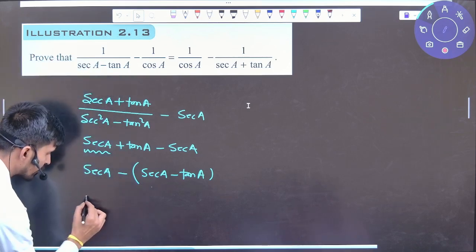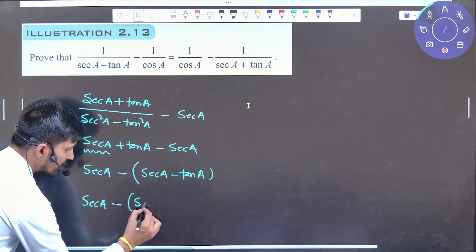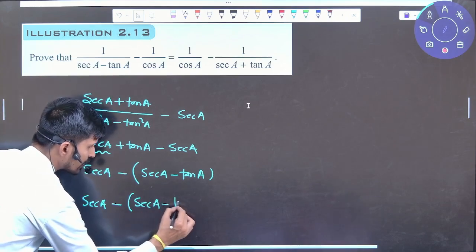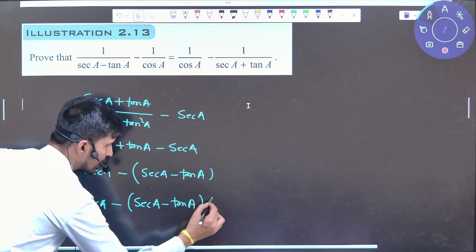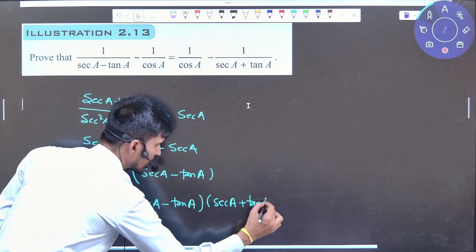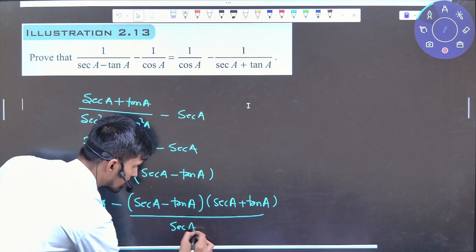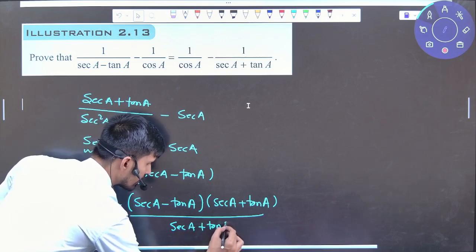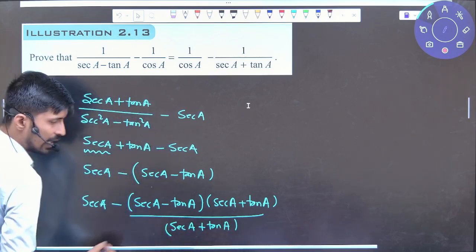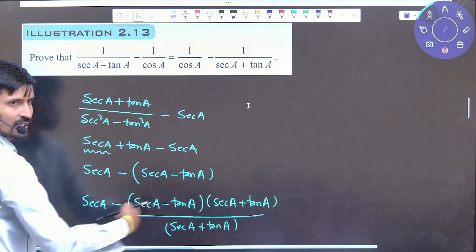So next step what will I do? I will write sec A minus tan A, and here we will write sec A plus tan A upon sec A plus tan A. And this will become sec A, both products will become 1.